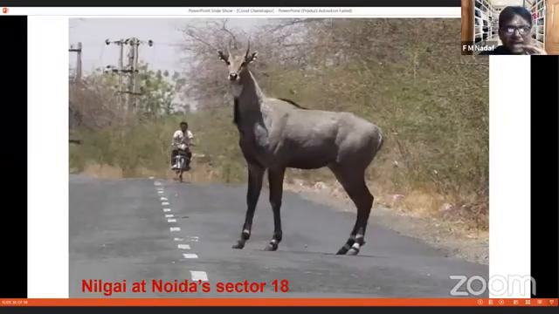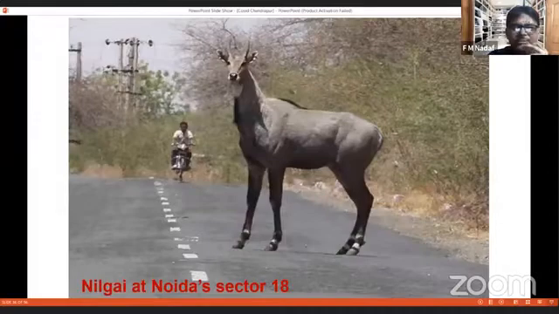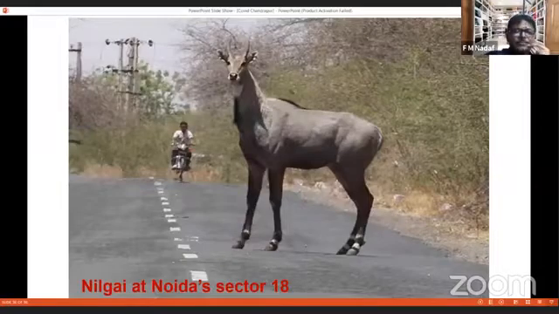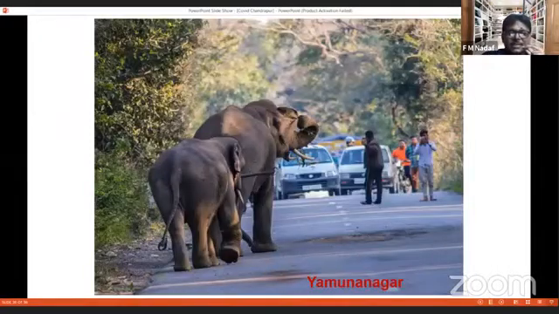Then we have other animals, such huge animals being spotted on the roadside. This is a nilgai spotted at Noida. Then we have elephants seen in Yamuna Nagar. All of us know, I don't have to say. We have seen these photographs in the newspapers.